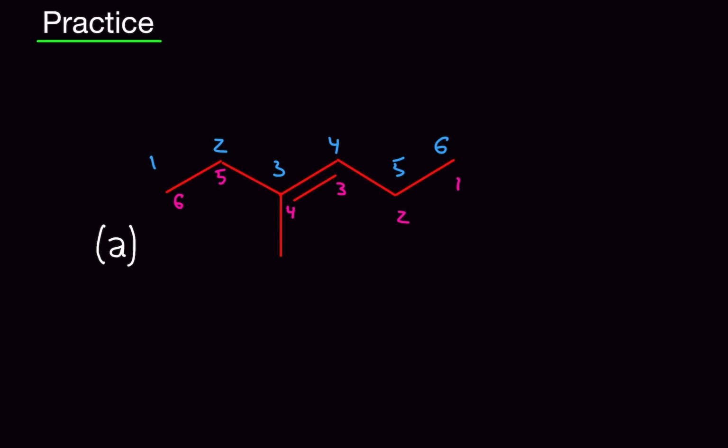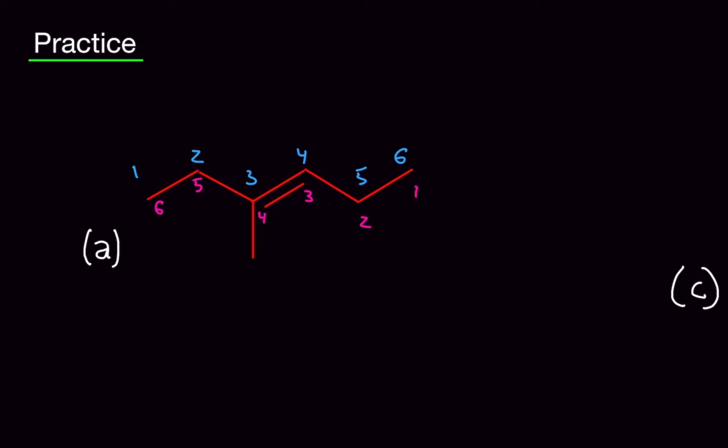There's only one correct way. The correct way would be making the substituent the lowest number possible. So this is a really good example for an exam. If you number this molecule both ways and you realize that both ways will give the alkene the lowest number, then you must make sure the substituent now has the lowest number.